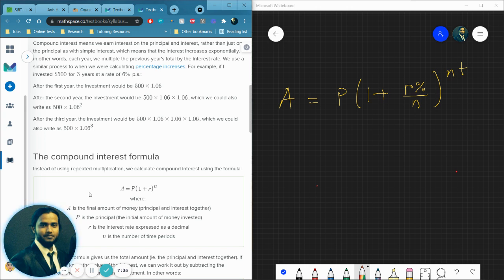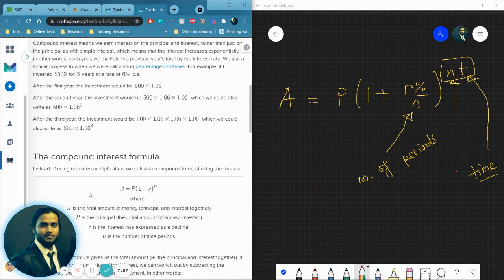So this still becomes number of periods, which is consistent with that, and this t gives you time. So in other words, nt together will give you the total number of periods.